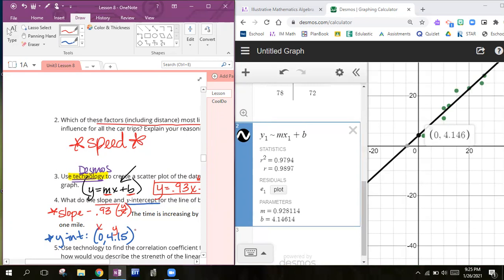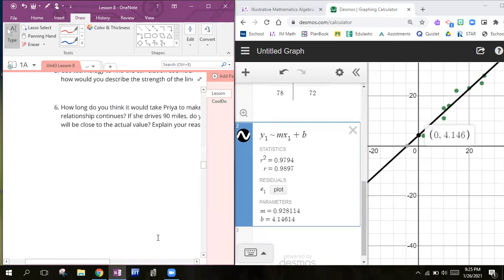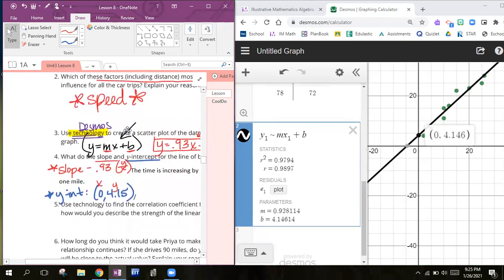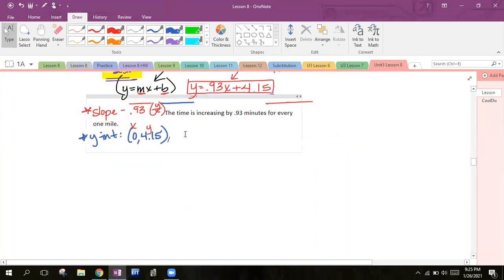X is the distance. Let's do this. Let's bring it back.